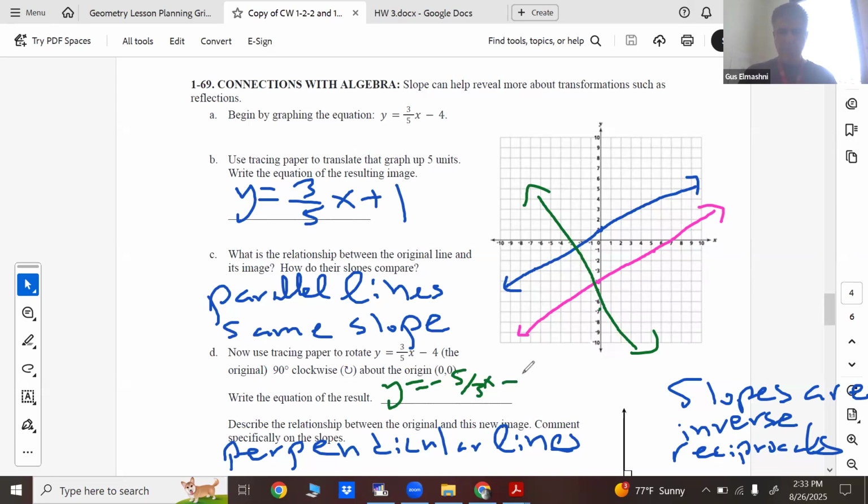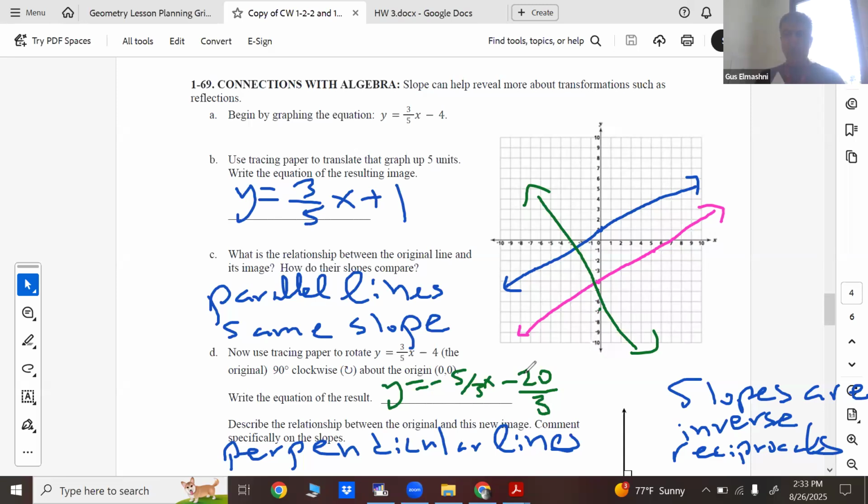And I think the y-intercept is -20/3. I have to explain why it's -20/3 another day because we're over by about 2 minutes. But we're getting an idea of rotation. We're going to do more of this on Thursday.